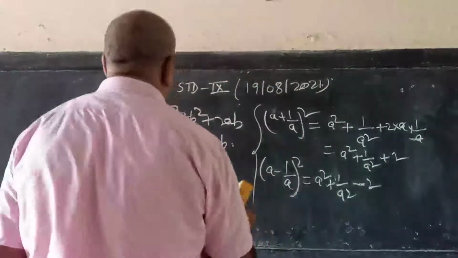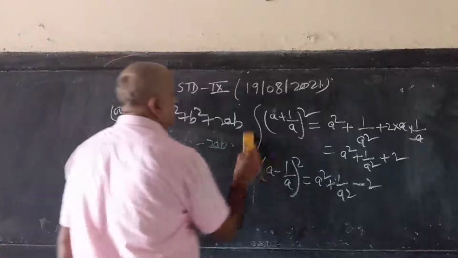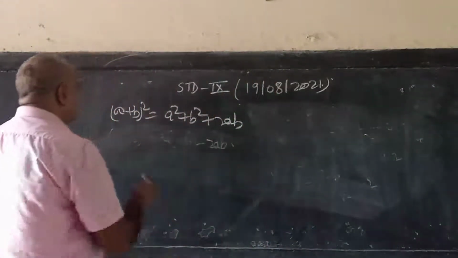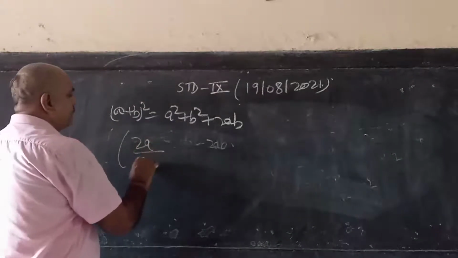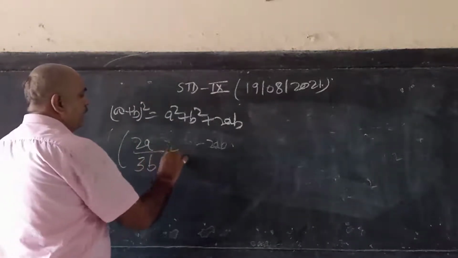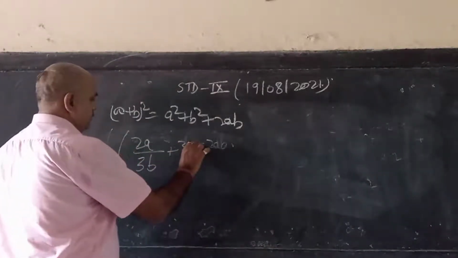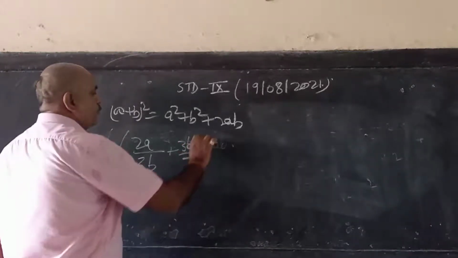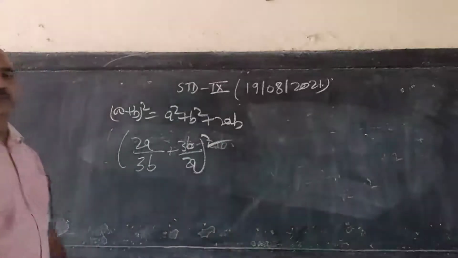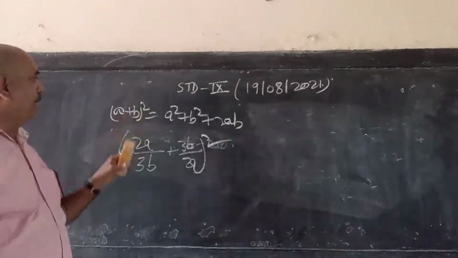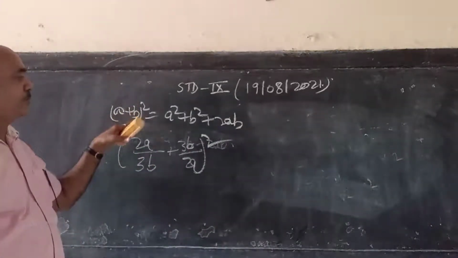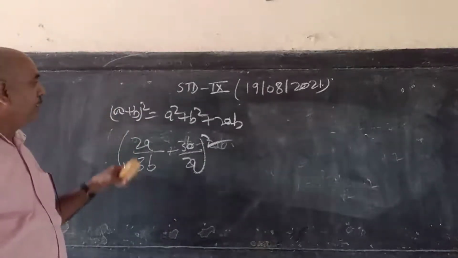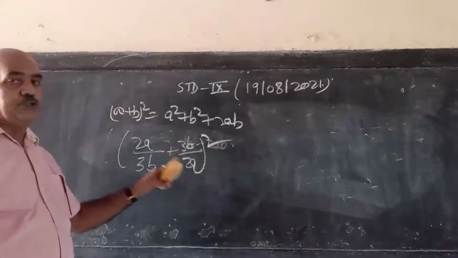Example, suppose you have to find (2a by 3b plus 3b by 2a) whole square. So when we compare with the formula (a plus b) whole square, in place of a there is 2a by 3b, in place of b there is 3b by 2a.